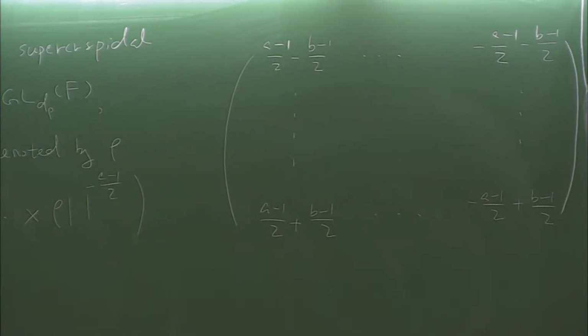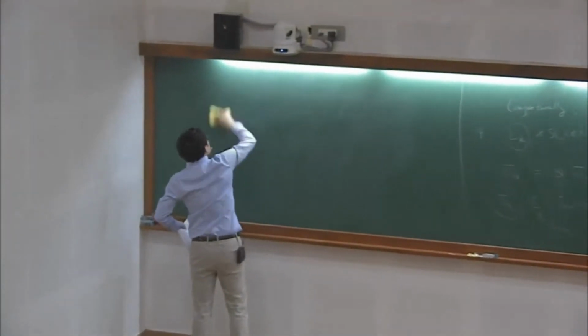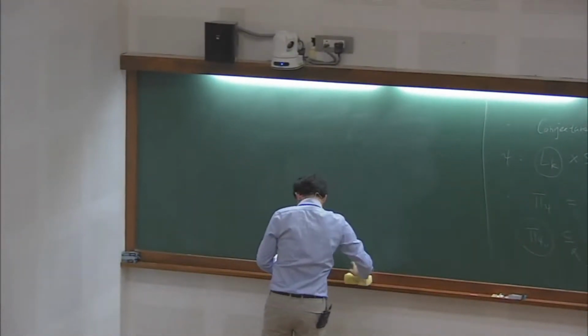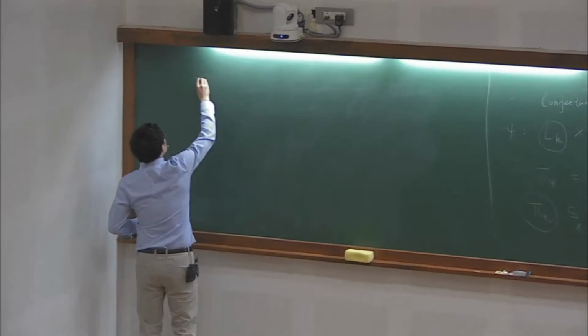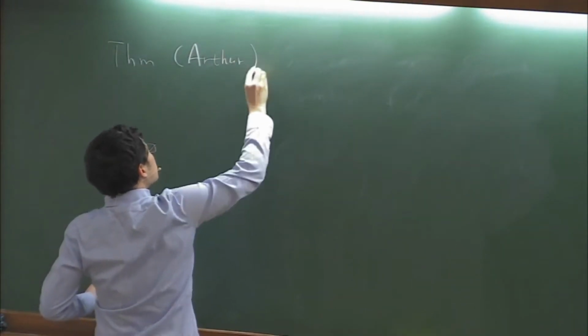So now we are ready to describe the A-packets for G. Again, I'll state that as a theorem of Arthur.